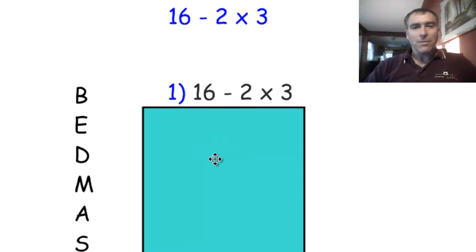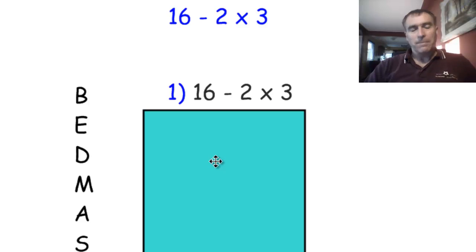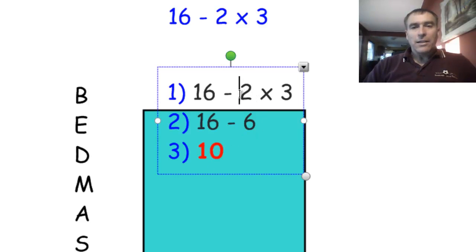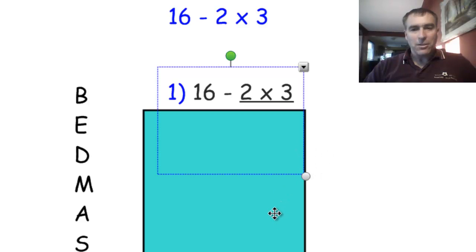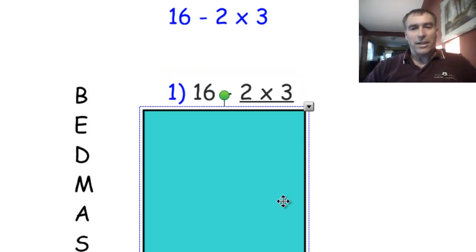So the first thing I'm going to do is write out my question, and I'm going to underline the part I'm going to do first. So I write 16 minus 2 times 3, and I underline the 2 times 3 because it is the multiplication. It comes before the subtraction, so I'm going to do that first.